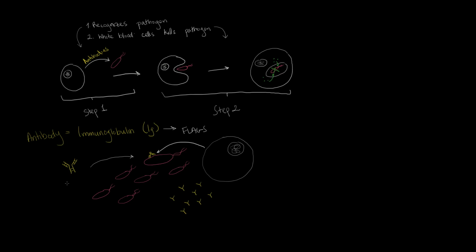And so if this white blood cell produces many, many of these antibodies, they will go through your entire body and recognize all these pathogens and tell your other white blood cells to eat up these pathogens and kill them.